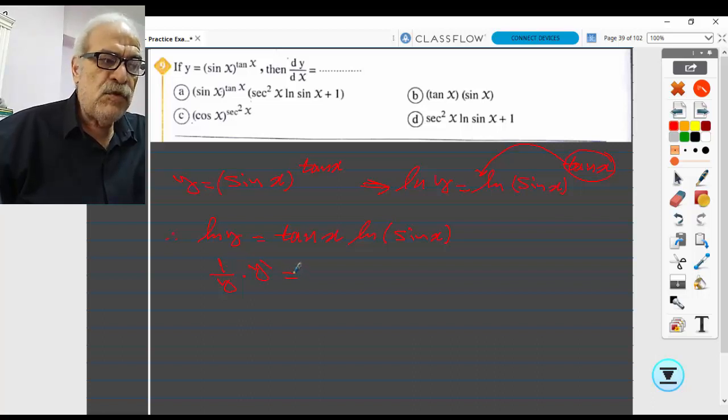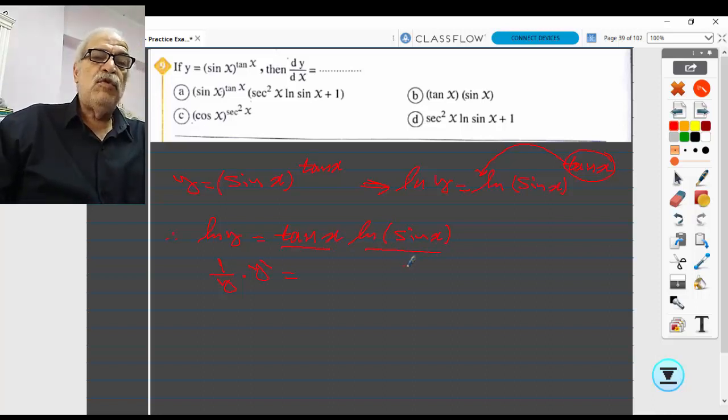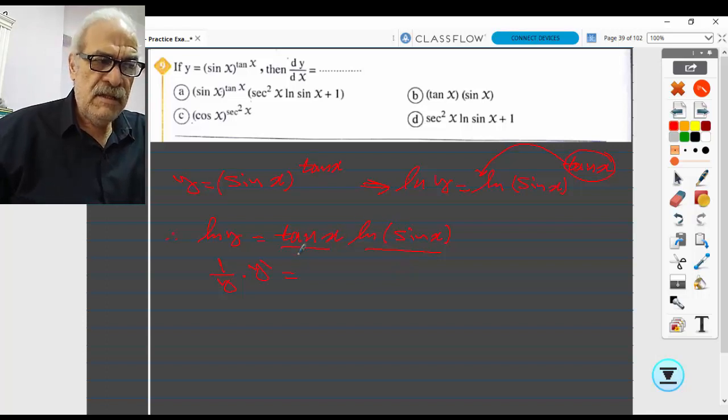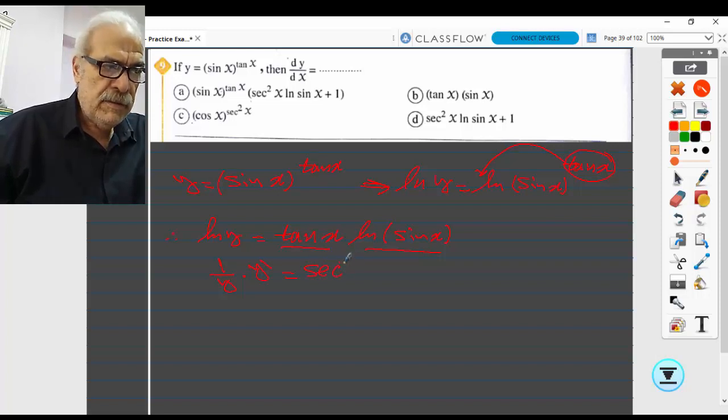Here we have two functions, tan x and ln sine x. So to make the derivative to the right hand side, we make the derivative first to tan x. The derivative of tan x is sec square x multiply ln sine x.